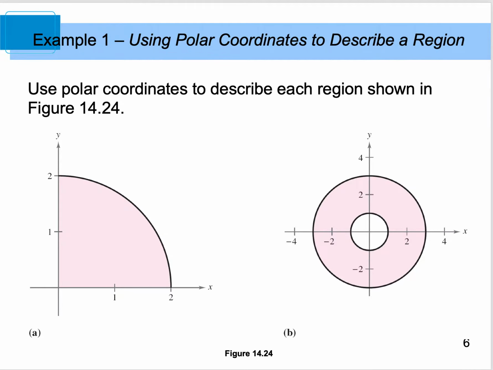So I can use polar coordinates to describe a region. When I do that, I'm describing arcs and circles. For instance, in the first one, I'm describing the arc of a circle that has a radius of 2 and it's 90 degrees. So from 0 to pi over 2, or from 0 to 90, is the region that I'm describing.